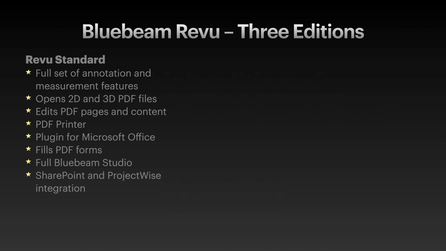Revu Standard can fill, send and save PDF forms, and you can make full use of Bluebeam Studio, and also get a SharePoint and ProjectWise integration in case your company uses one of these products to work with their files. So again, Revu Standard is what most of our customers buy, and it's a full-scale package. However, we've got 2 more editions to go through.